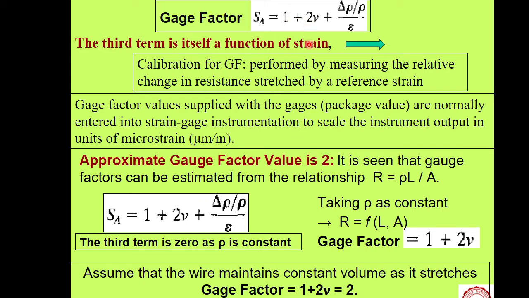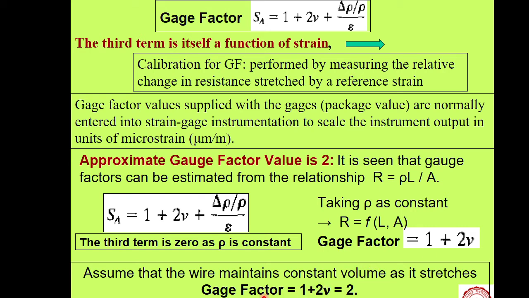Actually, if you see here, this is 1. This new value for steel is approximately 0.3, 0.28, 0.29, etc. For aluminium, it's 0.31, 0.32, 0.33, etc. And the extreme value is 0.5 if there is no change in volume. Okay.